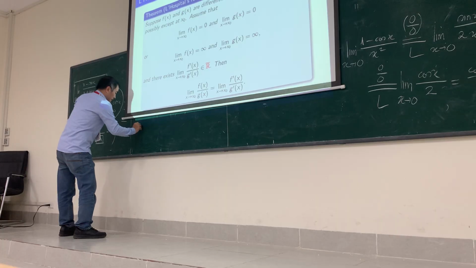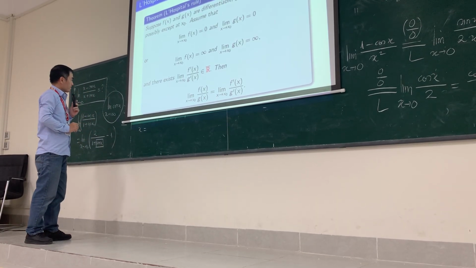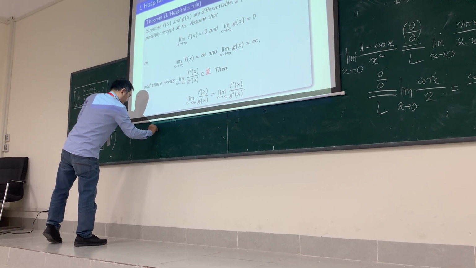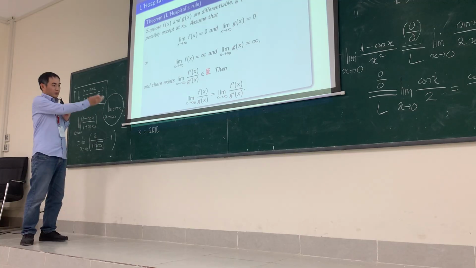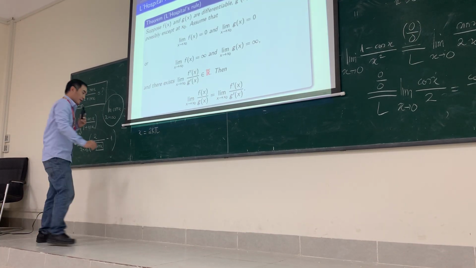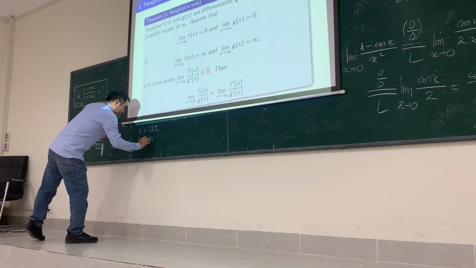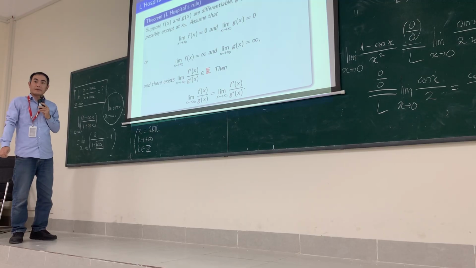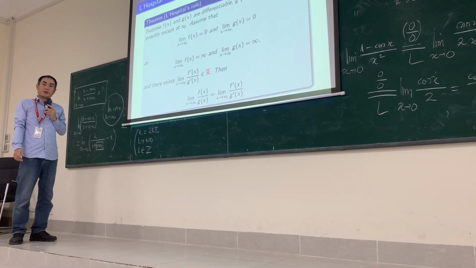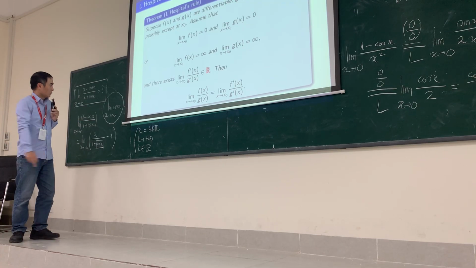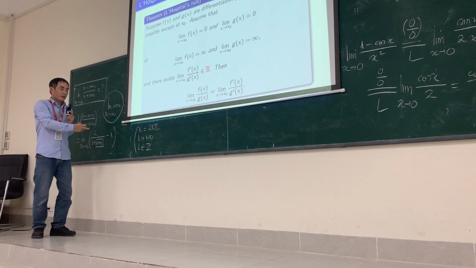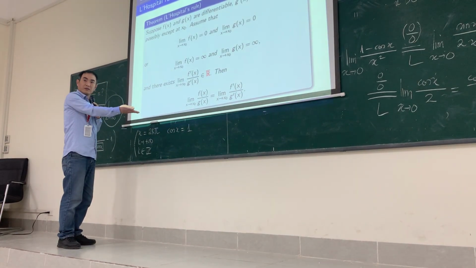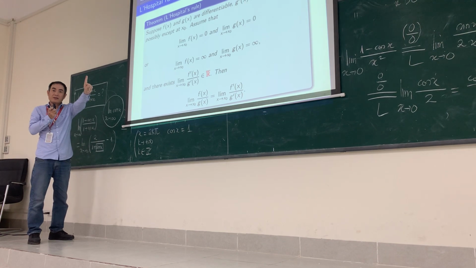Take x equal to k pi, k tends to infinity, k an integer. Then cosine x is equal to 1, so the limit here tends to 1.